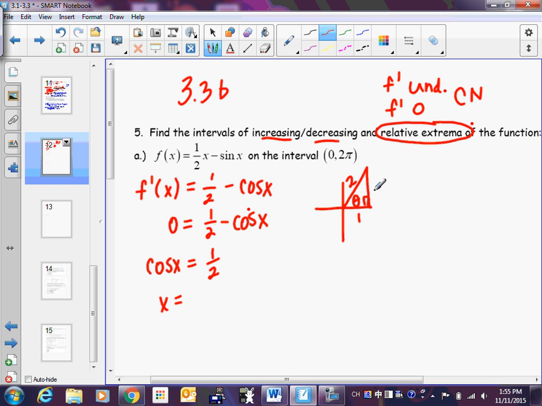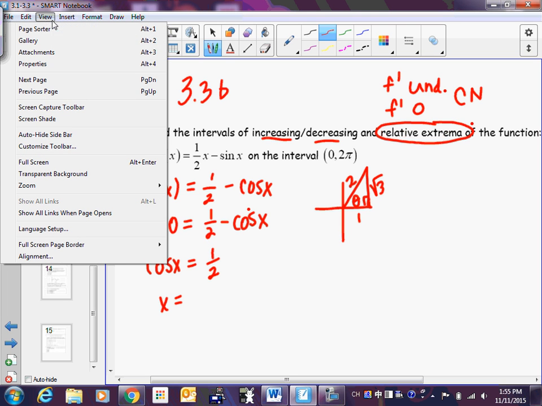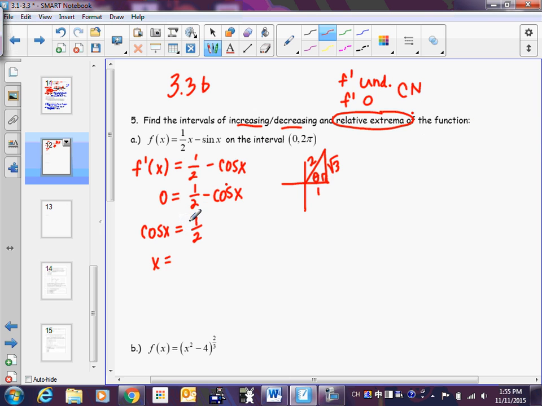What would that make the other side? √3. What type of triangle is this? 30, 60, 90. So theta is 60 degrees. What would that be in radians? Pi/3.